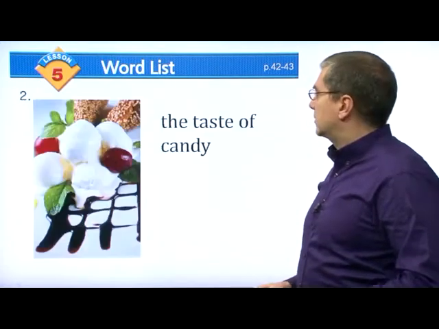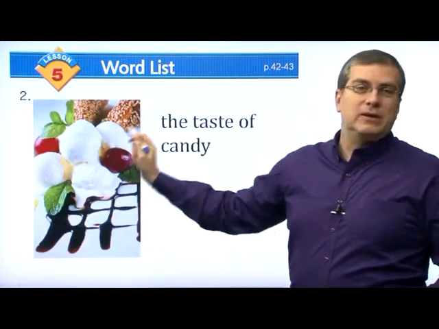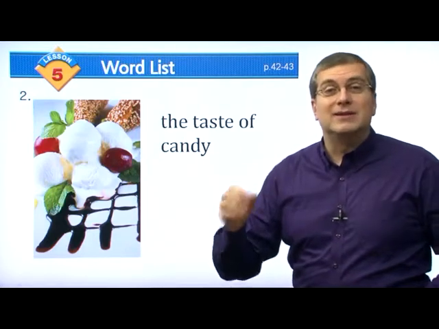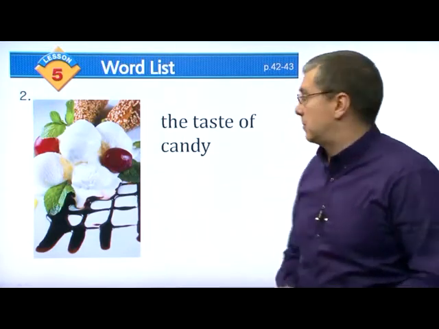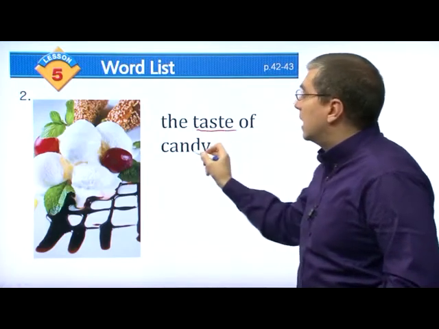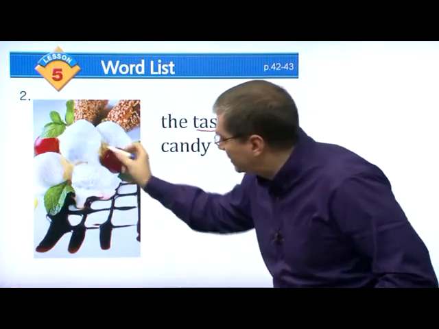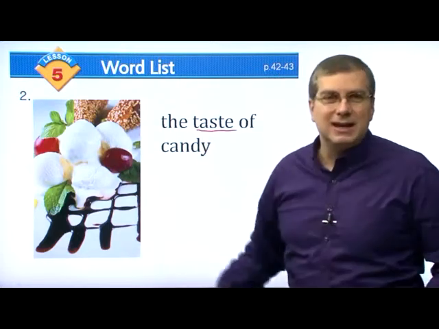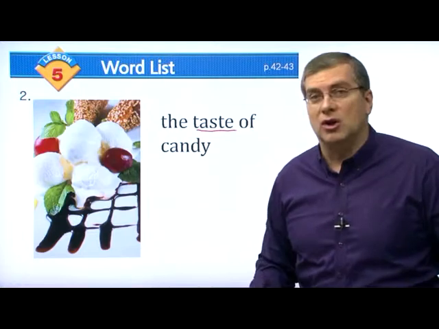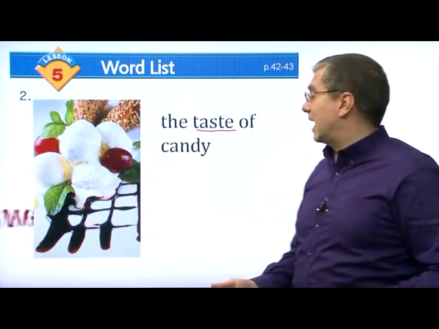Okay, the next word. Now this is something to do with one of the senses we talked about when you use your tongue, when you taste something. The taste of candy, or in this case, ice cream. Ice cream, candy, cake, things that have sugar. What does it taste like?